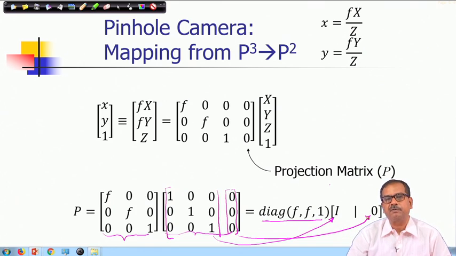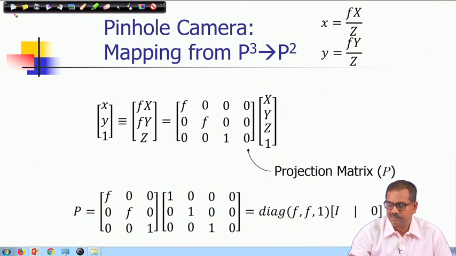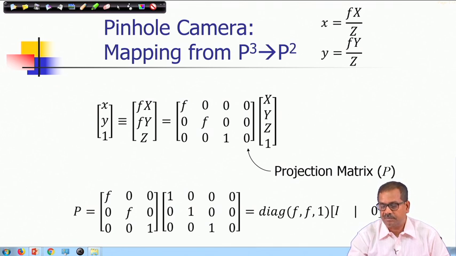So, this is a short form of representation of a projection matrix. There are motivations for representing it in this form, which will become clear when we perform different mathematical operations on these matrices. So, let us proceed and we will understand why we are using this kind of representation.